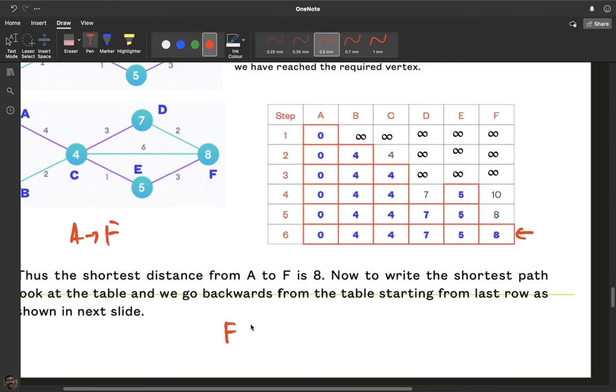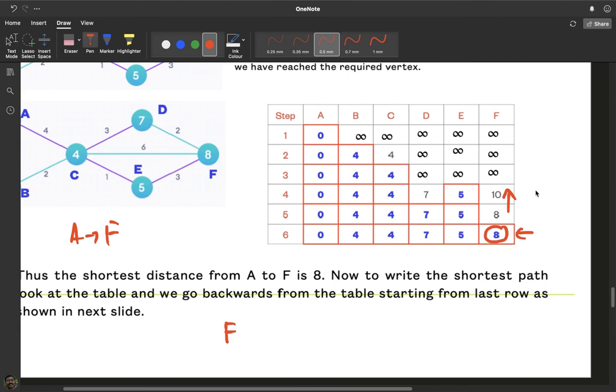Now I am at F. The next step, I look at in which row the weight of F changed. So you will look backwards in the table at the row in which the weight of F was different from this weight. You can see that in row 4 the weight of F was different.